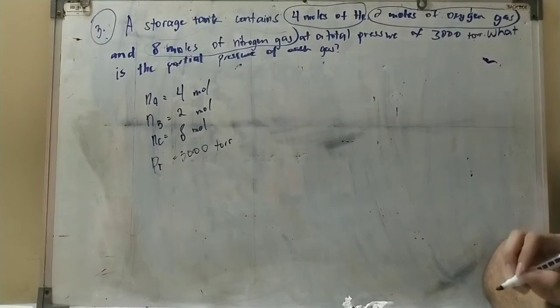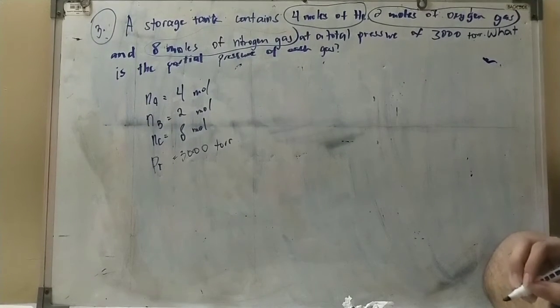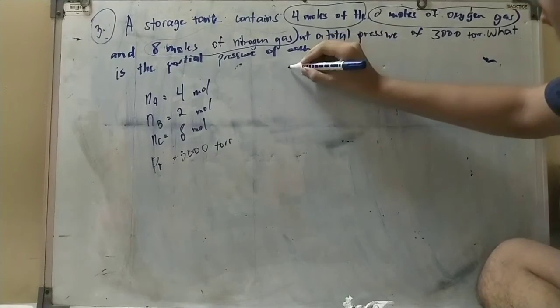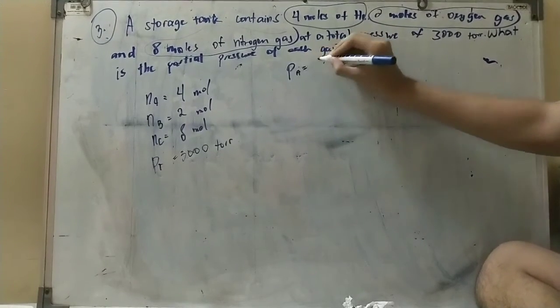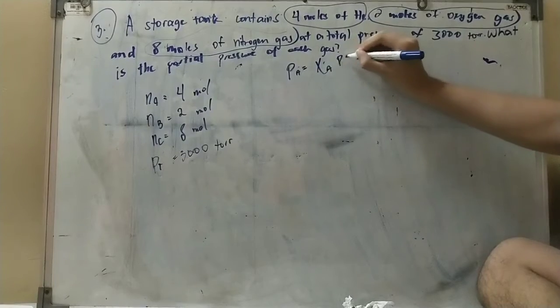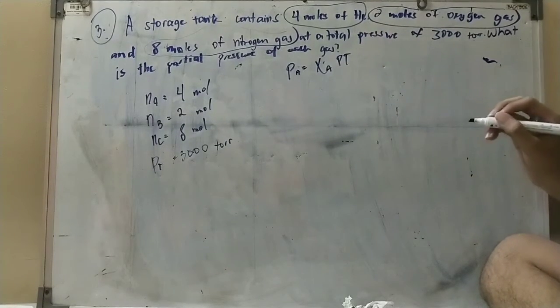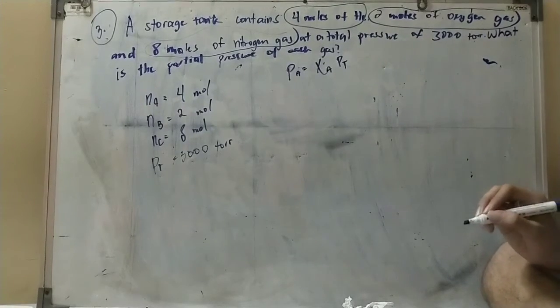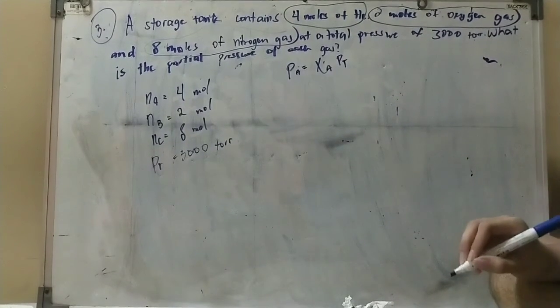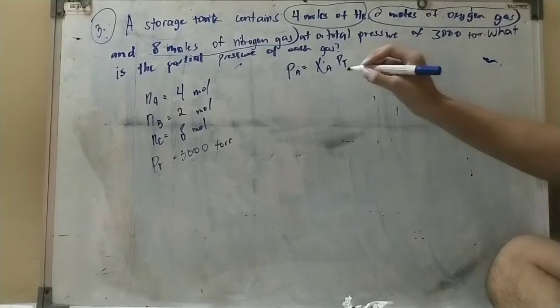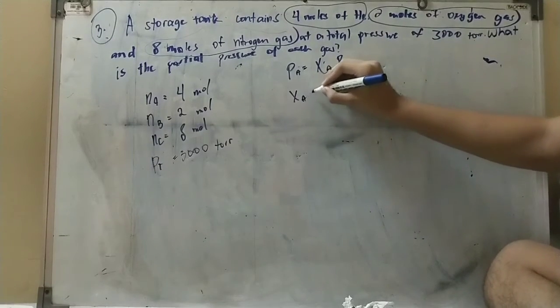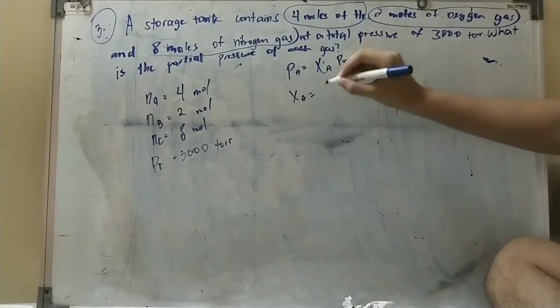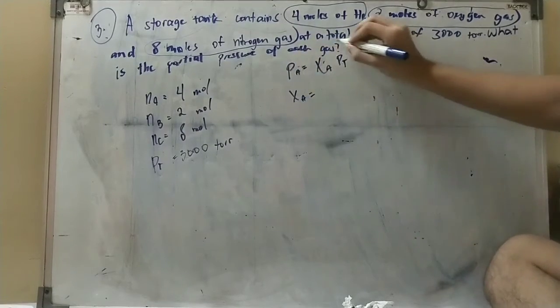Well, what we must first do is to look at the formulas that we need to use. So we'll use the second formula. P is equal to mole fraction times PT, because we are looking at the partial pressures in this example. Next we need to use the formula of mole fraction, because if we don't use the formula of mole fraction, this formula wouldn't be useful.